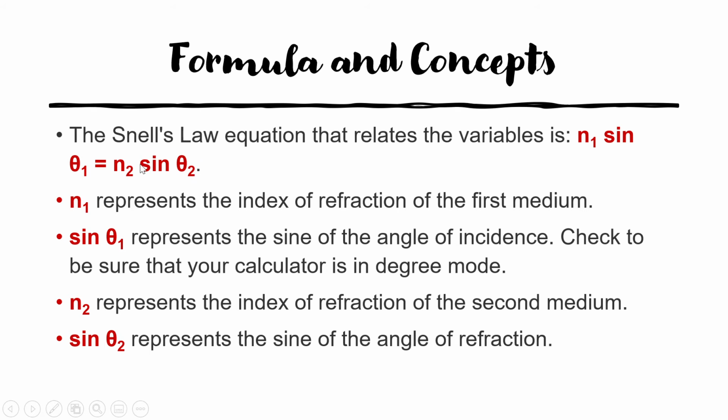We can just move the sine of the second angle, which is multiplying the index of refraction, to the left side of the formula. Then we will get our formula to find the index of refraction of the second medium. And what happens if we want to find the first angle? Then we're just going to move this to the other side of the formula.